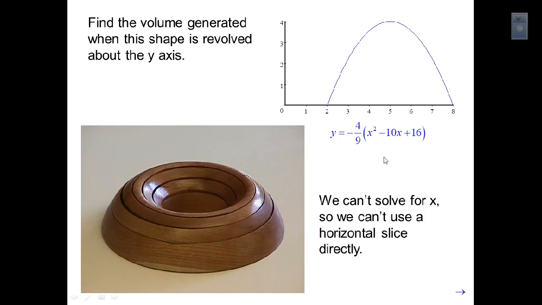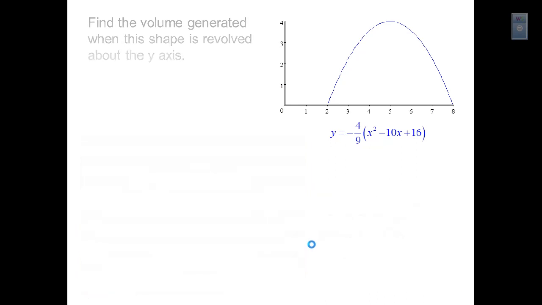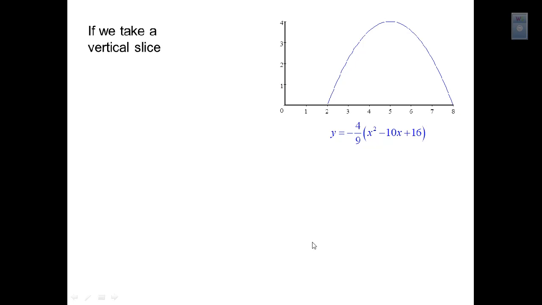We can't even solve this thing for x, so we can't use a horizontal slice. So what we want to do is take a vertical slice. There's an example. And we know that that is going to be the y value, which we already have the equation for. And we know that our thickness is going to be dx.